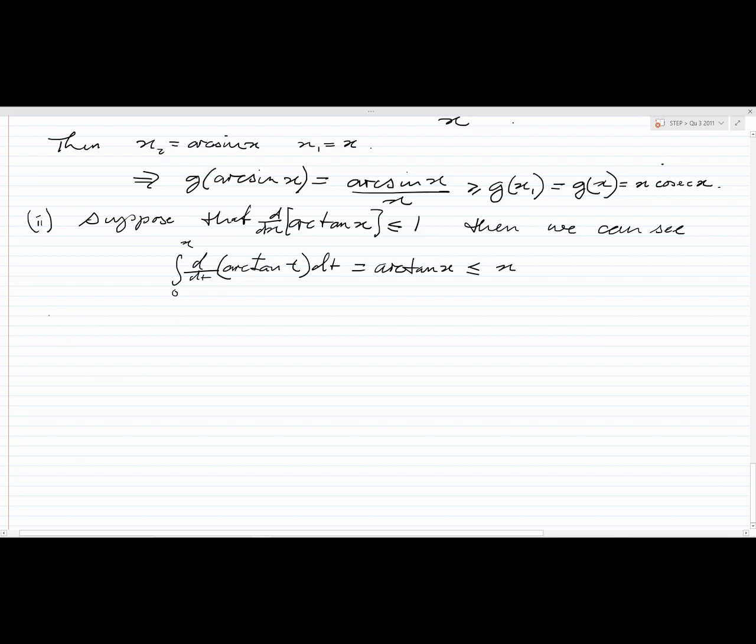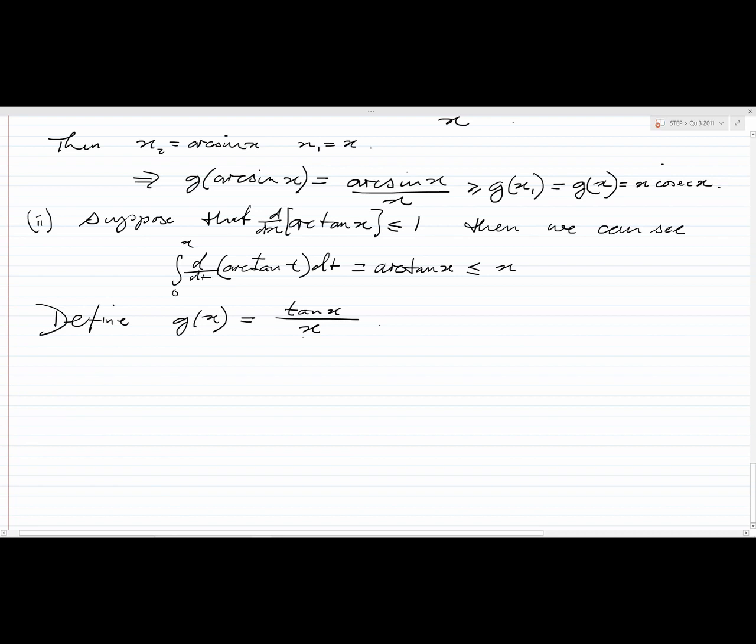So if we define g of x to equal this function they're telling us to consider, tan x over x.